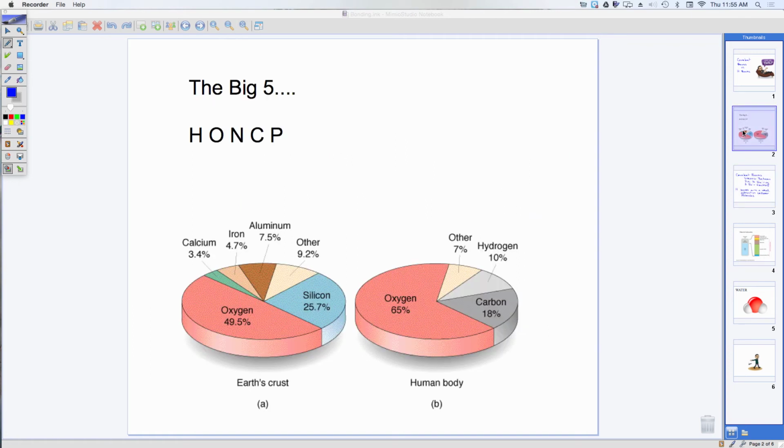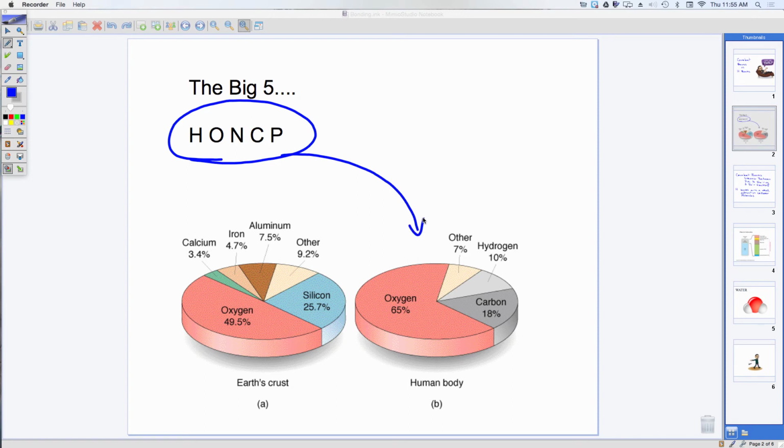We're going to focus on covalent bonding between hydrogen, oxygen, nitrogen, and carbon. And if you've done your reading, you know that most of your body consists of these four elements.